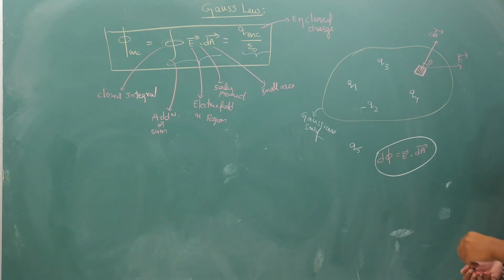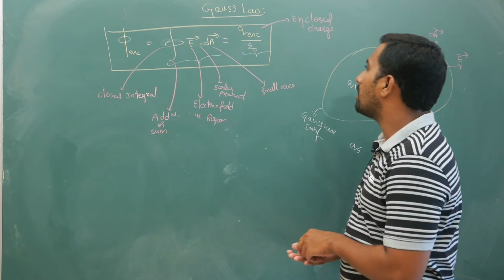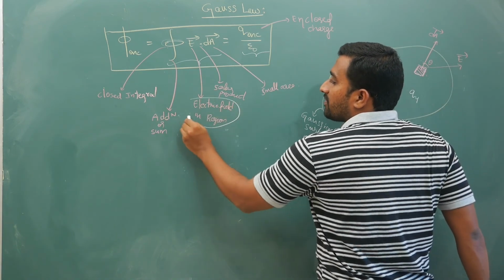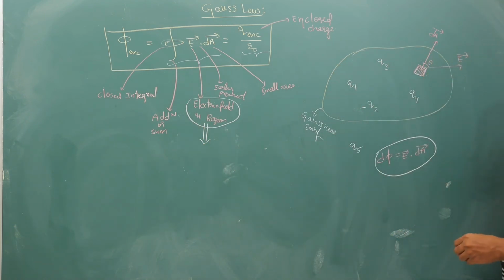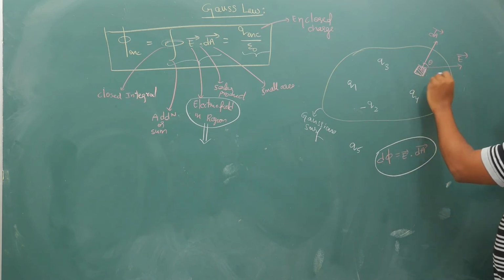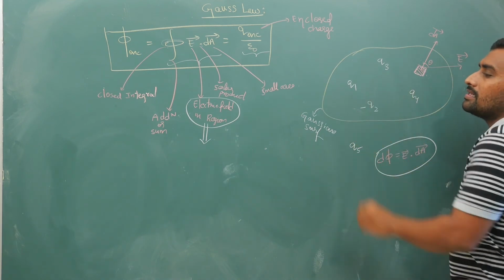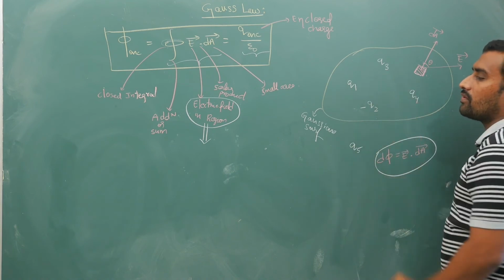Now here in this statement I want you to observe one thing carefully. I have mentioned electric field in the region. Electric field in the region means everywhere on this Gaussian surface, your electric field will be because of all the charges. It will be because of Q1, Q2, Q3, Q4, everything.